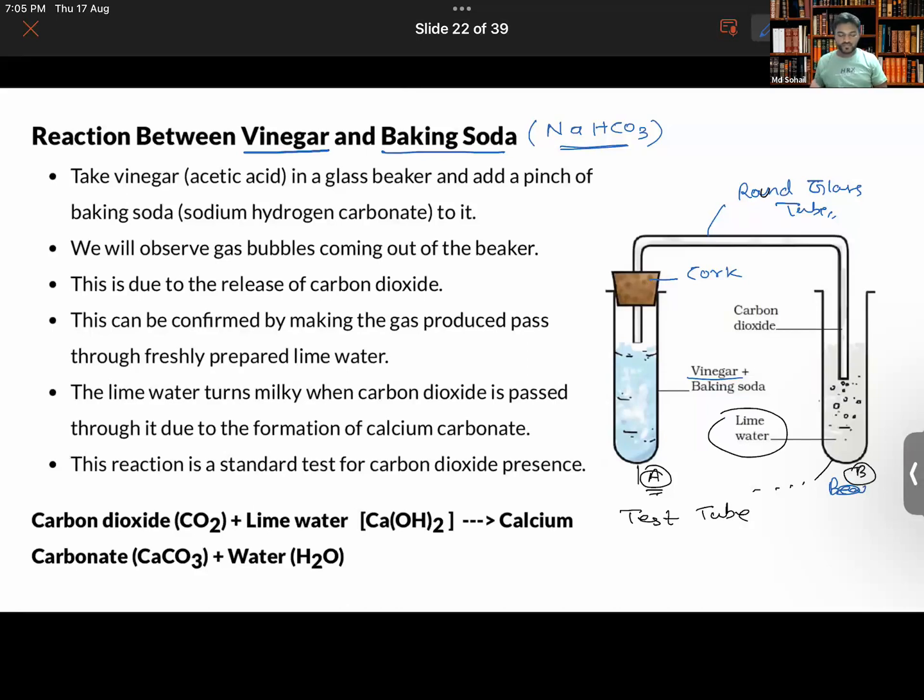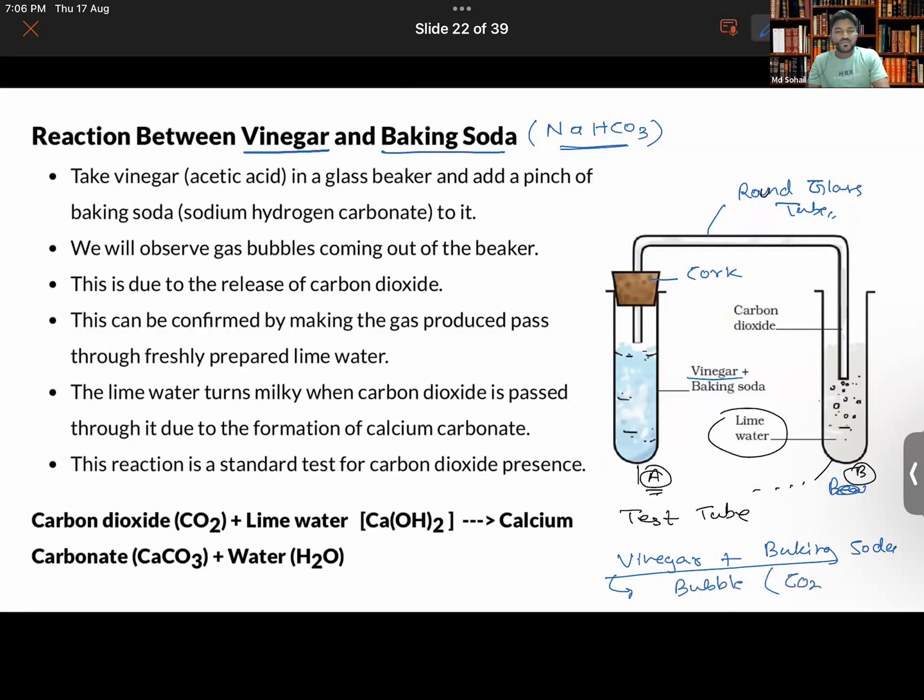Look here, in the first activity, in the first test tube, vinegar plus baking soda, when you reacted both of them, what happened? It started to give off bubbles. This bubble was nothing but the carbon dioxide formed.